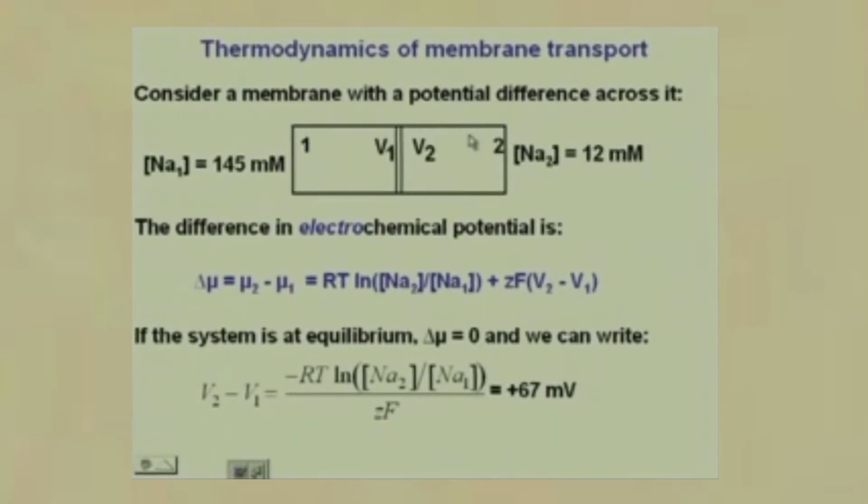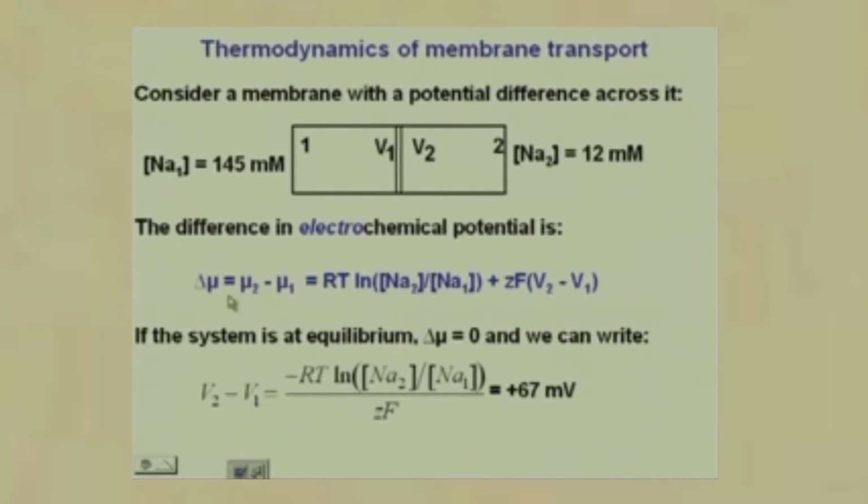But since we have a charged species now, in addition I have an electrochemical potential, and this is also going to contribute to my delta mu. Okay? So, I have now a system where the concentration of sodium at side 1 is 145 millimolar. The concentration at side 2 is 12 millimolar.